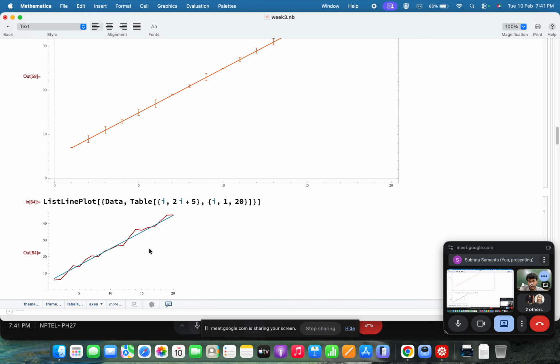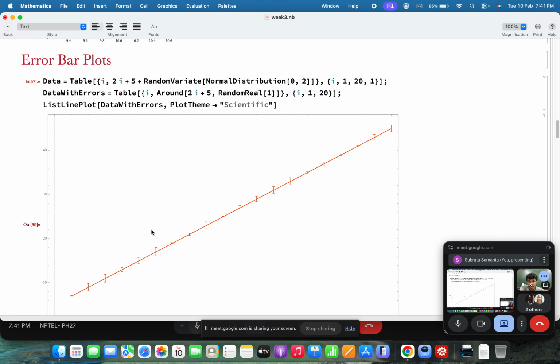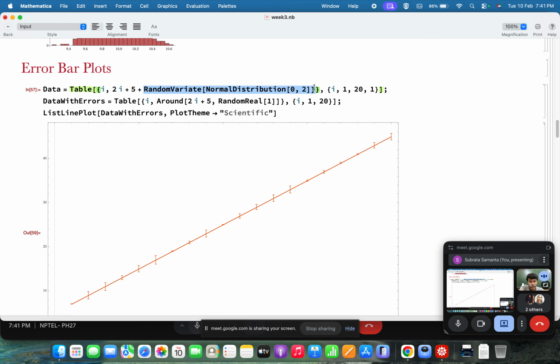You see, this is your 2x plus 5 line, and these are the points you generate randomly, because you add this. So this is random. And in this plot, I plot the around.